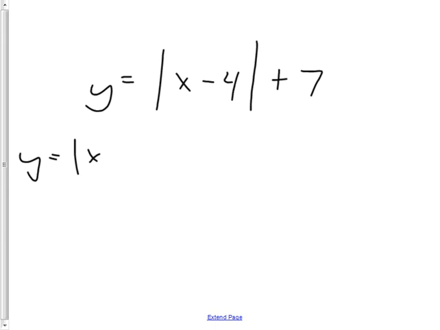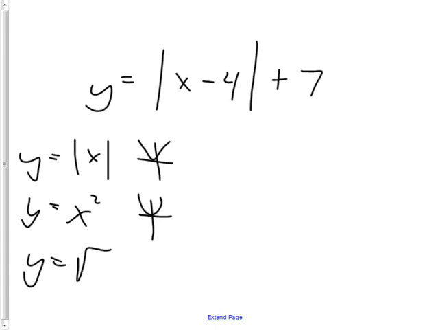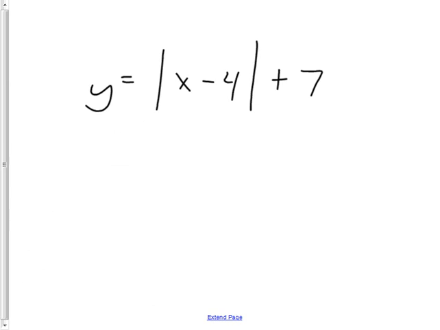The absolute value one, that's a V. Make yourself a little sketch. That's a V. If it's squared, that's a parabola. If it's square root, that looks like that. Okay, those are the main ones you have to know. Hopefully you already know them. So I can know that's a V shape.